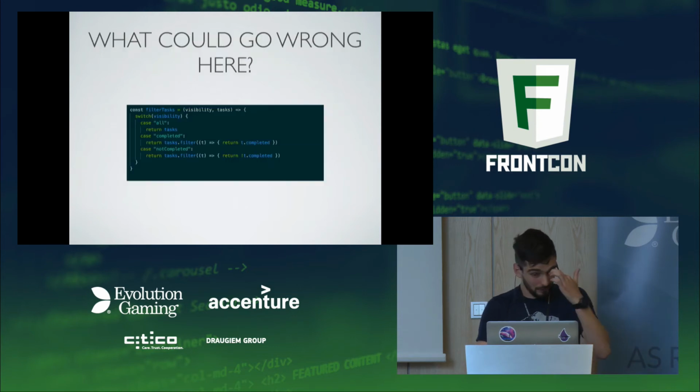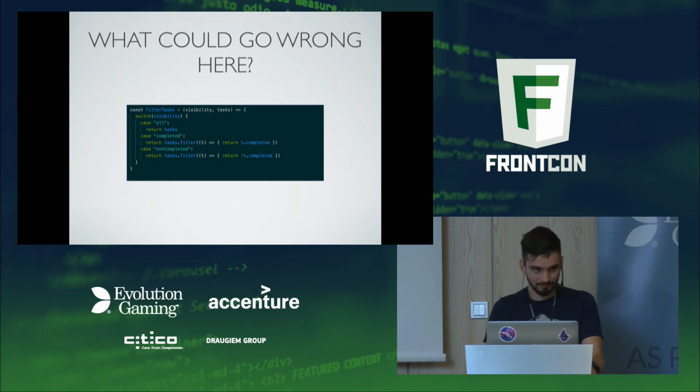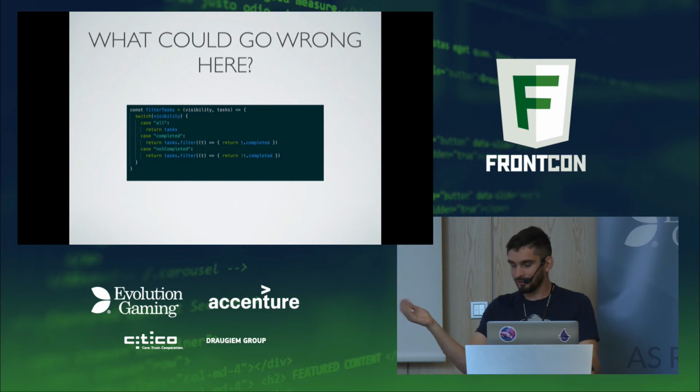All right, so what could go wrong here? Can anyone spot four things that can actually go wrong with this code? Please go ahead. Yeah, basically the default case, right? Visibility can be undefined. We don't know if it's undefined or whatever type it is. Visibility can be misspelled. Tasks can be undefined.